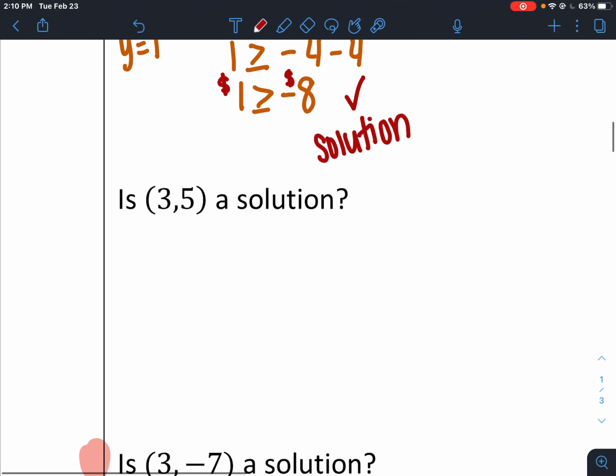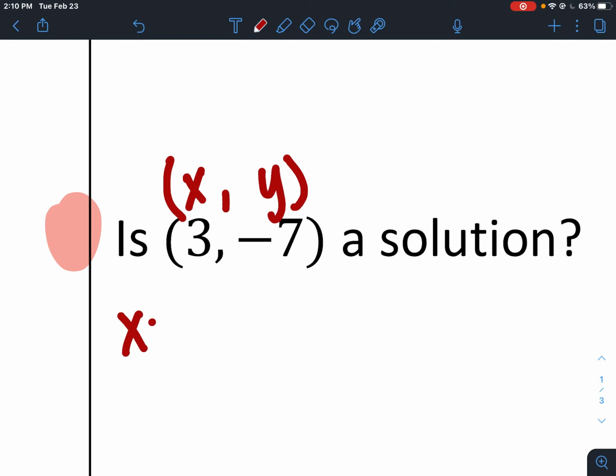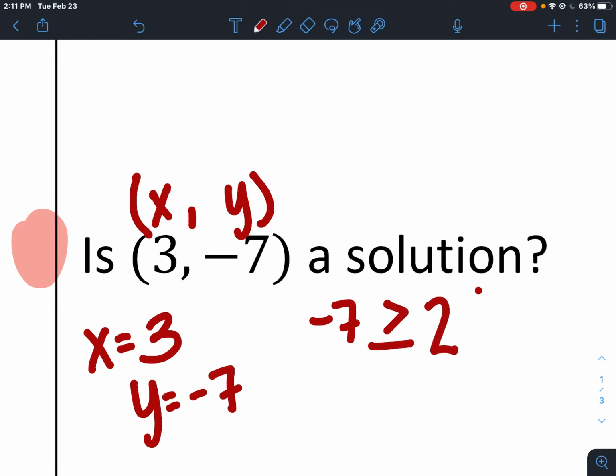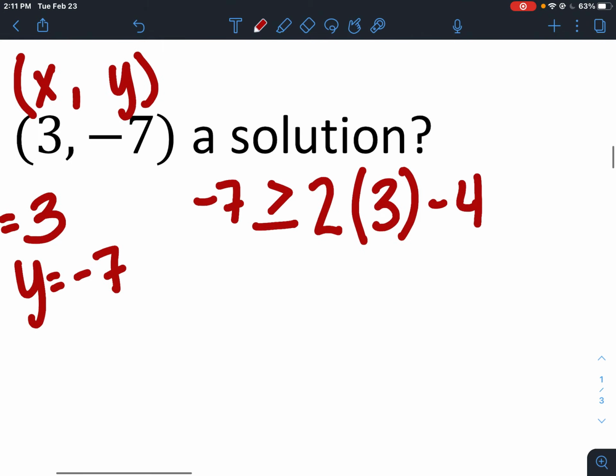Let's look at what it looks like if it's not a solution. So for this third one on this same inequality, is 3, negative 7 a solution? So again, here's my x, here's my y. x equals 3, y equals negative 7. I'll plug that into my inequality. So y, negative 7, greater than or equal to 2x, x is 3, minus 4.